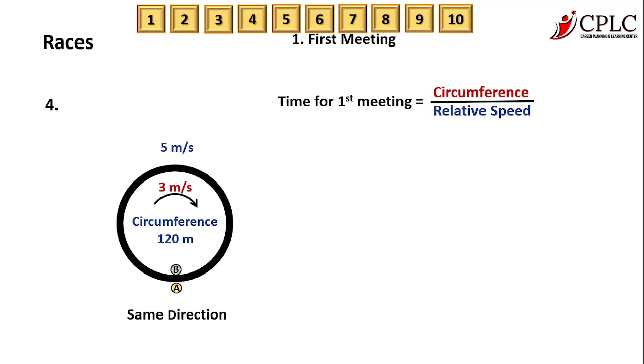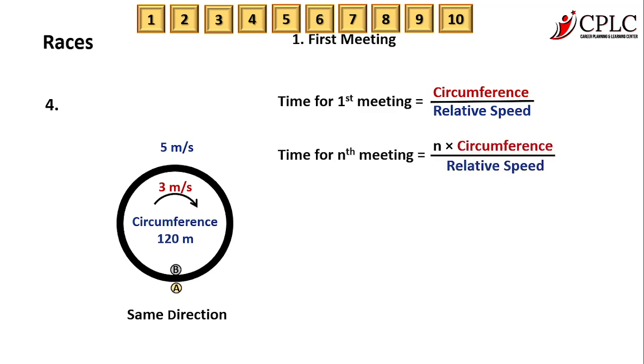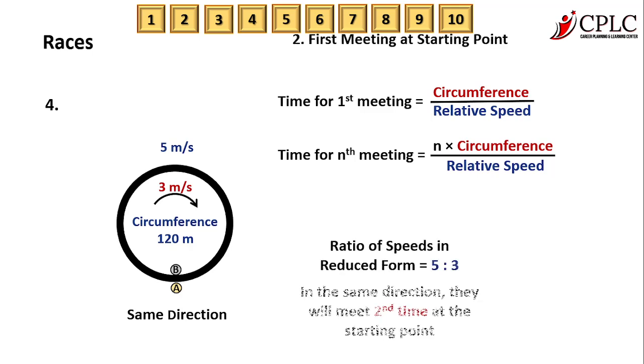So here we basically have to calculate the time taken for the second meeting, for which we did not have any formula earlier, but now we can use the same formula that we used for the first meeting's time. So whatever is the nth meeting's time going forward, you can say that it is actually the first meeting's time into n, for example. So here we are looking at the second meeting because that's the first meeting at the starting point, if you remember.